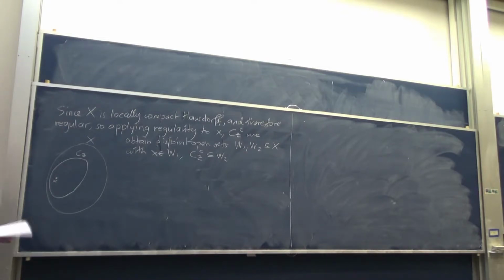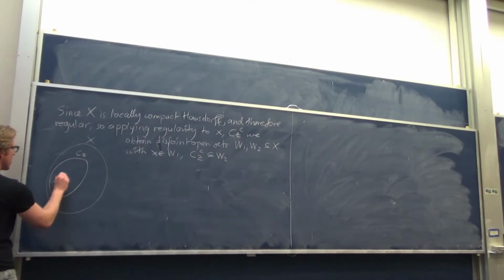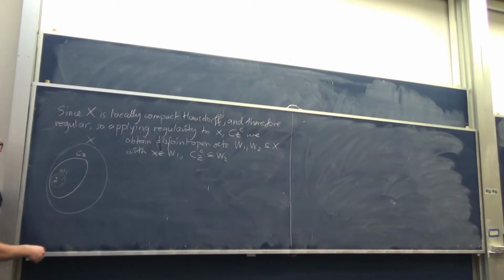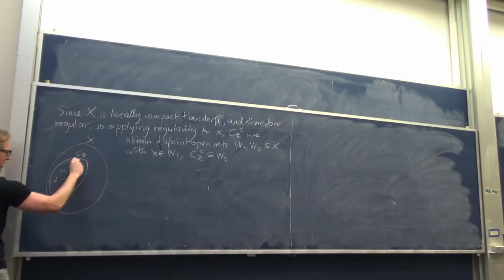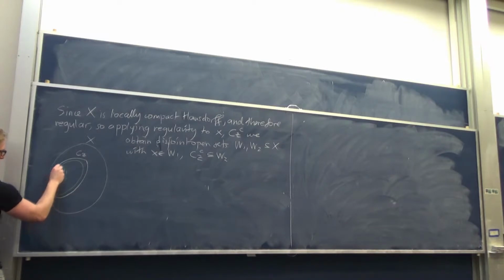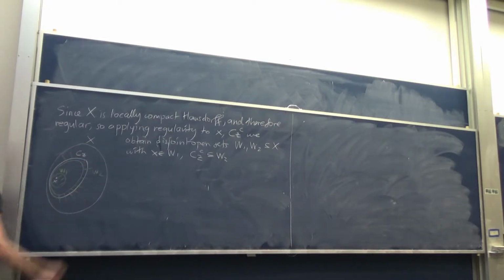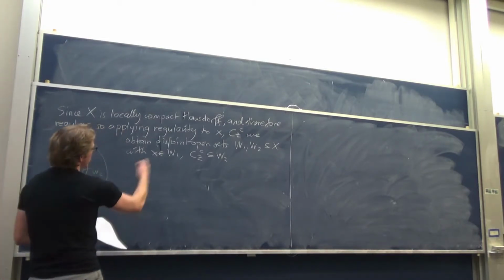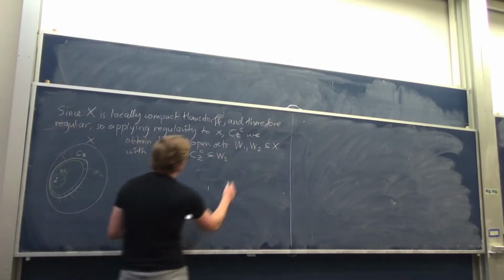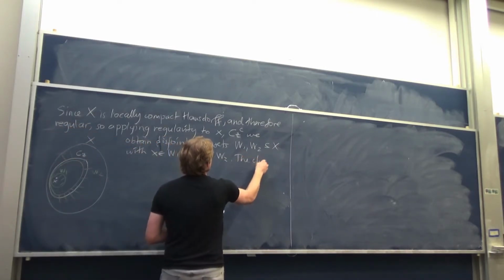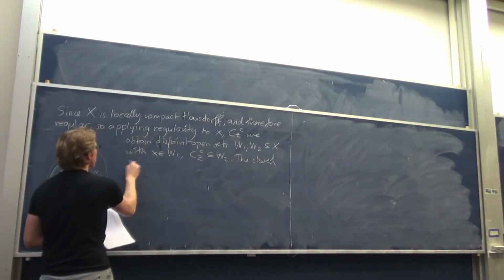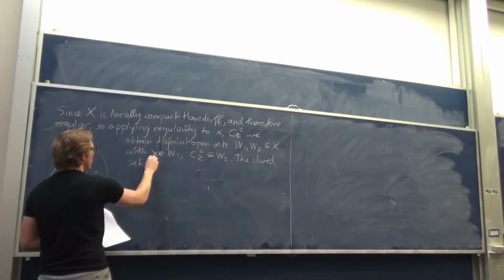So I can draw these open neighborhoods as follows. There's W1, and W2 contains everything not in C_z and perhaps a little more, so it looks like that, where everything outside this circle is in W2. Okay, so this is the situation. All right, so there's a closed set, namely W2 complement.